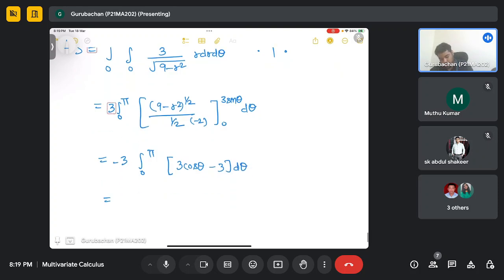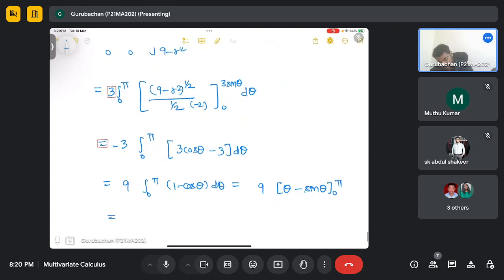So from here you will get 9, 0 to pi, 1 minus cos theta d theta, which corresponds to theta minus sine theta from 0 to pi, and this will give you 9 pi. This will be your surface area of x square plus z square equal to 9 lying inside the cylinder x square plus y square equal to 3y.